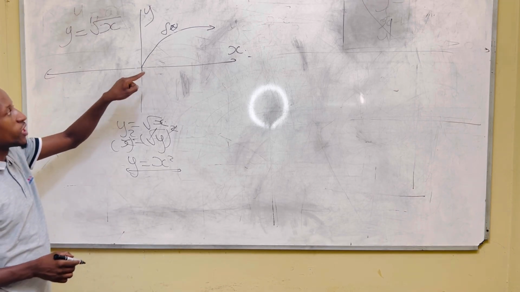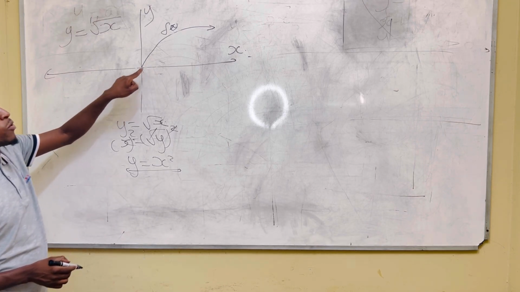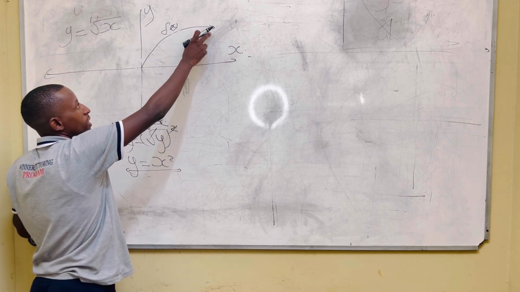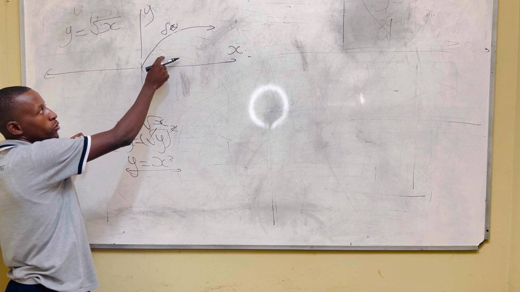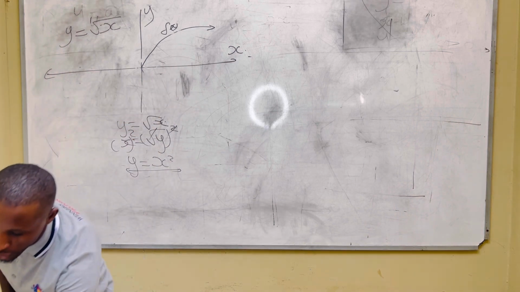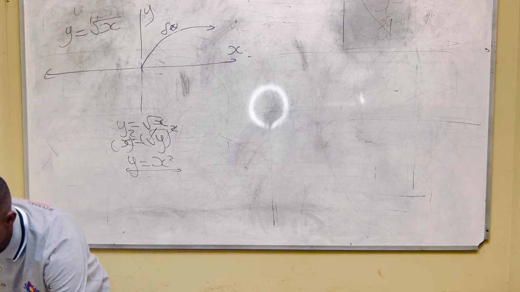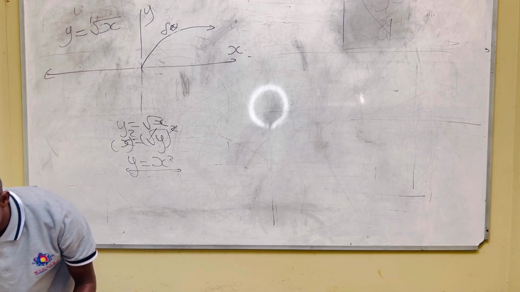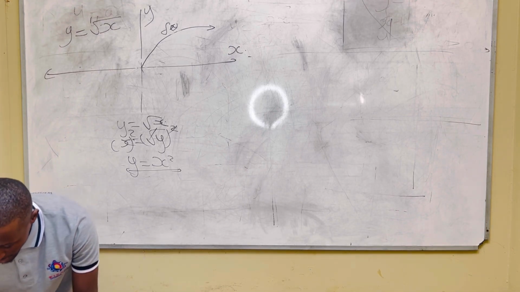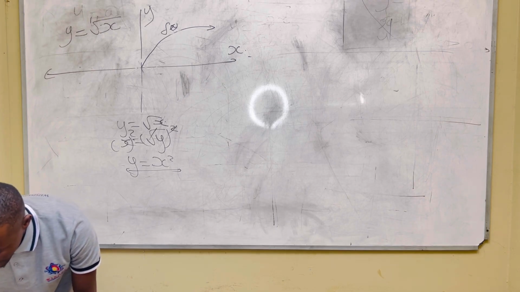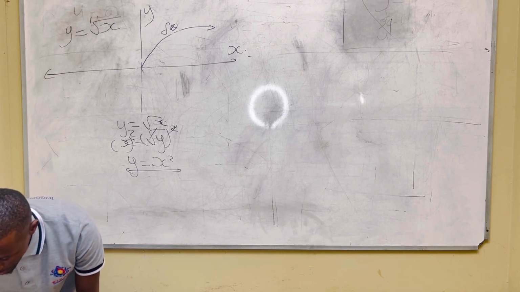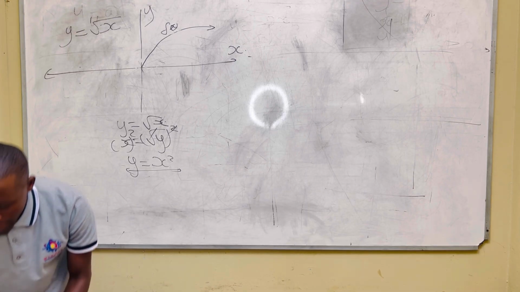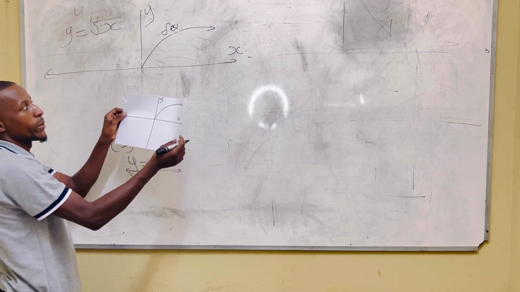In terms of the shape, I've shown you how you go about it. If this one is the original function, draw its inverse. Let us draw it practically and see how the inverse is going to be using this paper method. This is what we were given.